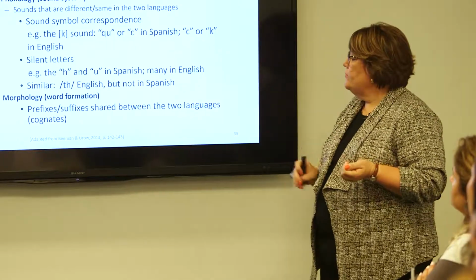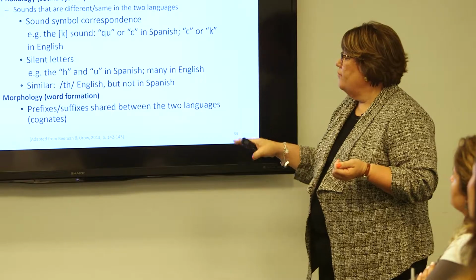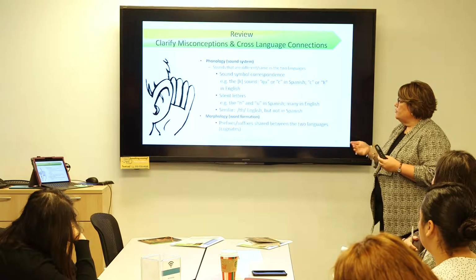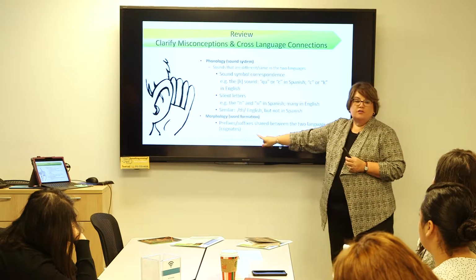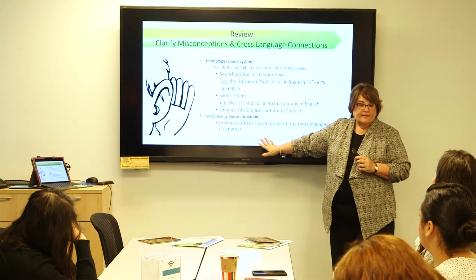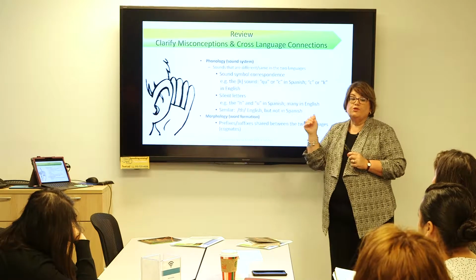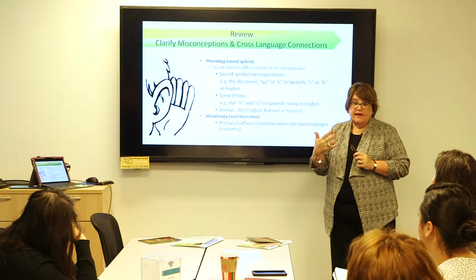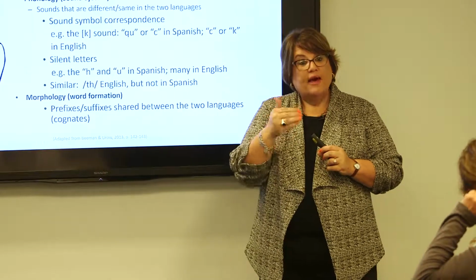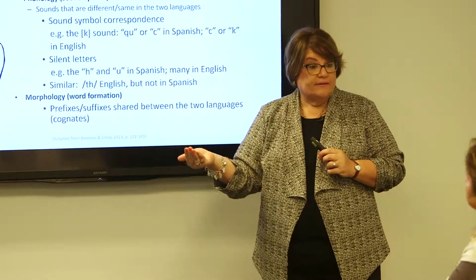And here I put some examples that draw from the work of Beeman and Urow. I think sometimes we do a lot of cross-language connections at the morphology cognate level. So important, right? That's like our number one, and we do it a lot because it has high leverage in terms of kids making meaning and students also developing biliteracy.